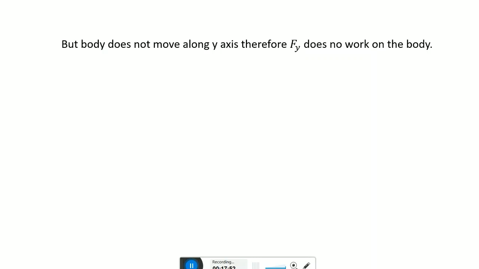But the body does not move along the y-axis, or along the component of force Fy, then Fy does no work on the body.